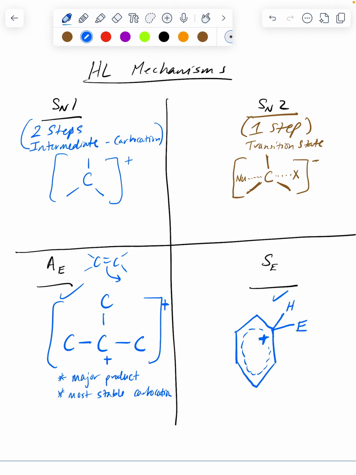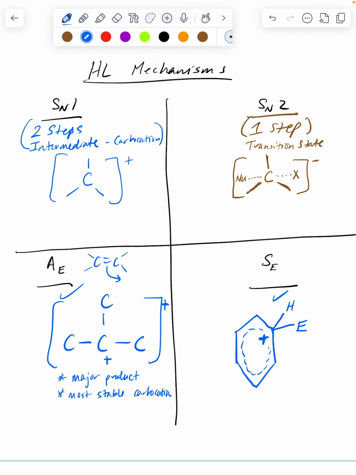So at this point, the benzene ring has already donated an electron pair to attack the electrophile, and the electrophile has attached, and now you're left with this benzene ring carbocation. So that's a real key distinction between the different mechanisms, and so really the standout here is the SN2, the transition state versus the carbocation.